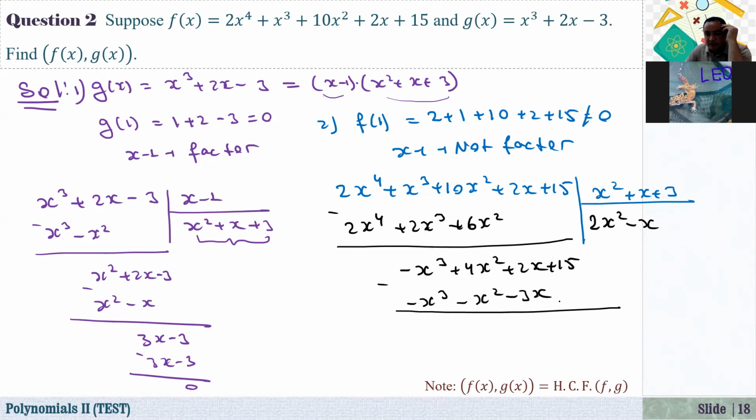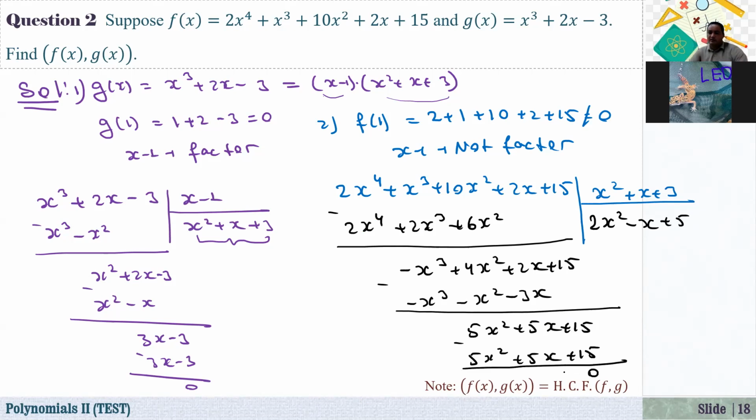Again, subtract: 4 minus minus 1 is 5x squared, 2 minus minus 3 is plus 5x, plus 15. And 5x squared divided by x squared is plus 5. Here we have 5x squared plus 5x plus 15, which is the same expression, so the subtraction is equal to 0.